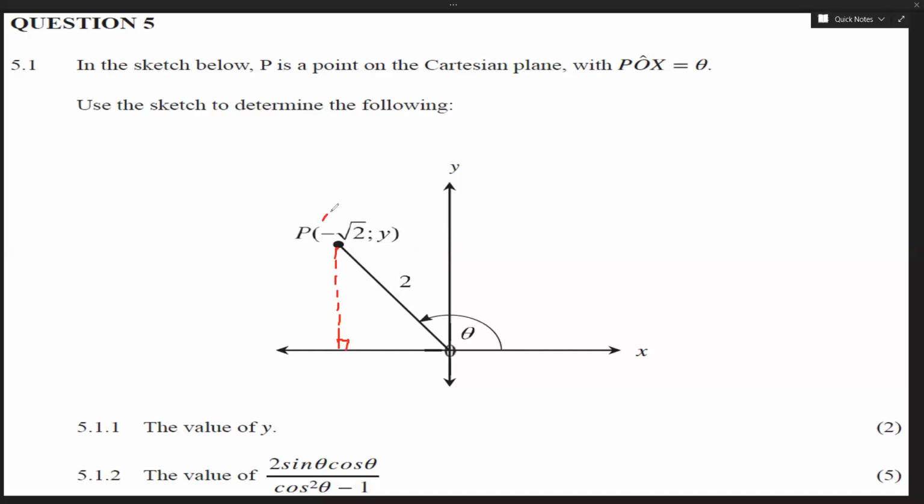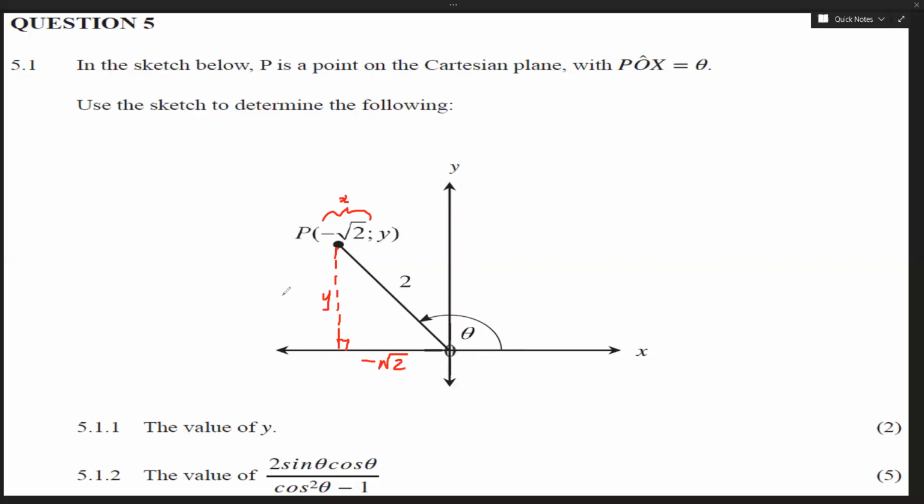Then remember, this value here is x, so on the x-axis, the first part of the coordinate goes there. So this will be negative √2 because it's on the x part of the coordinate, so it must go to the x-axis. And then our y is going to be here because it's parallel to the y-axis. You see, it's parallel to the y-axis.